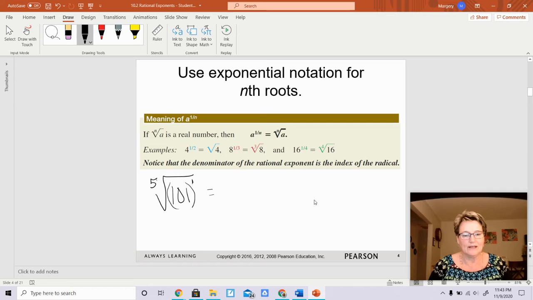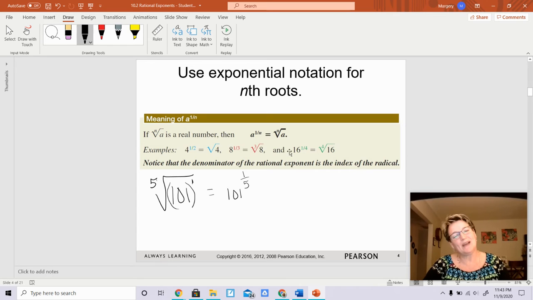So my base is 101. My fraction will be whatever this part is here, it's going to be 1 over 5. So that is just a way to write something that is in exponential form, a power that happens to have a fraction.